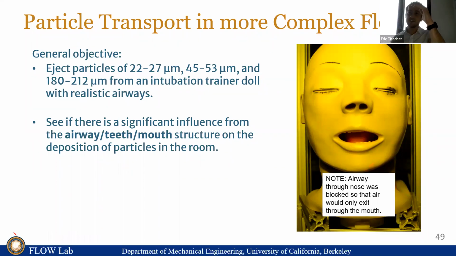And then as the cough was ejected, it suspended those particles as it passed through the wire mesh and then out through the airways. So the intubation trainer itself didn't generate the droplets. We were using solid particles that we suspended as we passed air through the airways of the trainer.